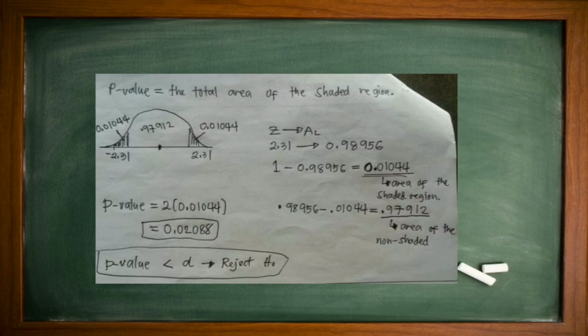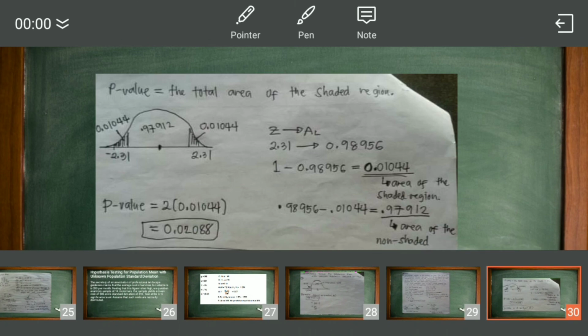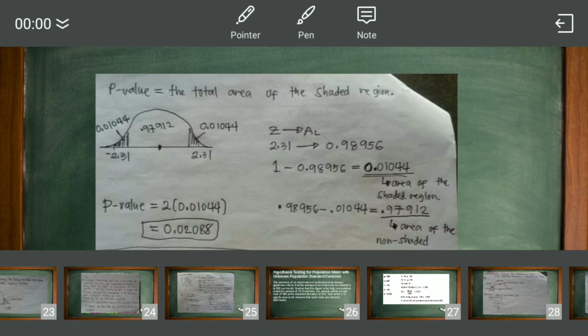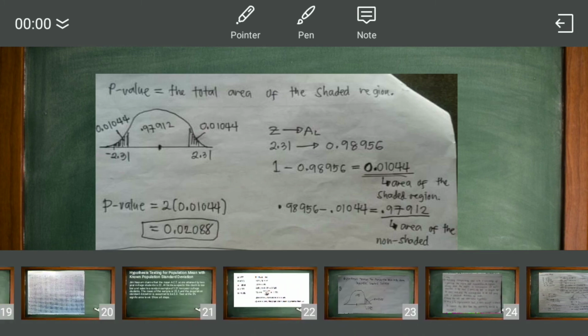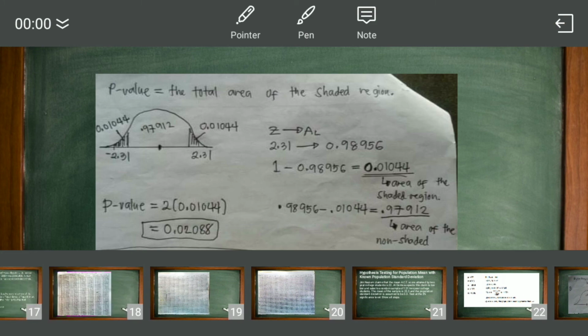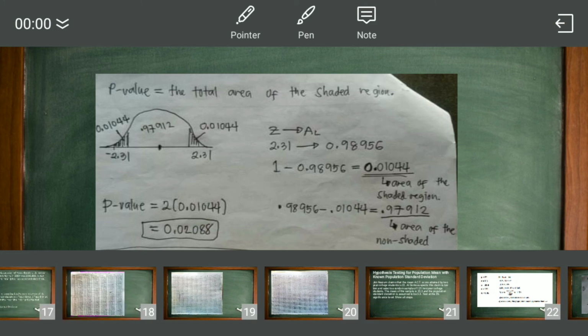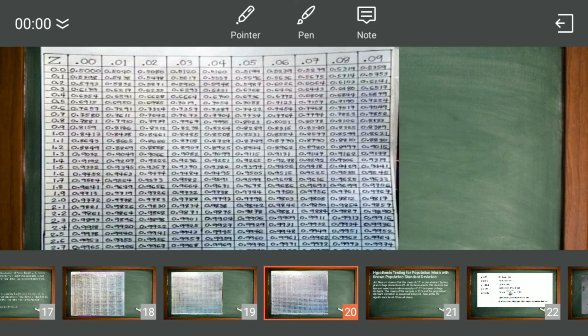So dito po is punta lang po tayo sa ating z table. Okay, so ito po. So kung makikita nyo po sa ating z table, hanapin lang po natin yung 2.3.